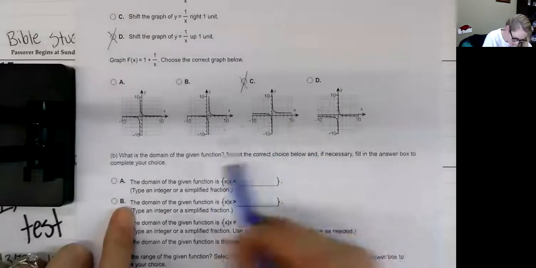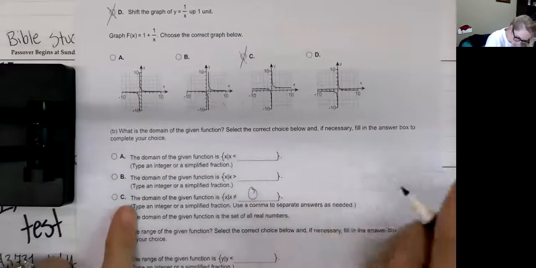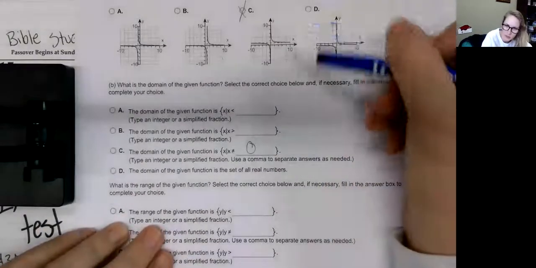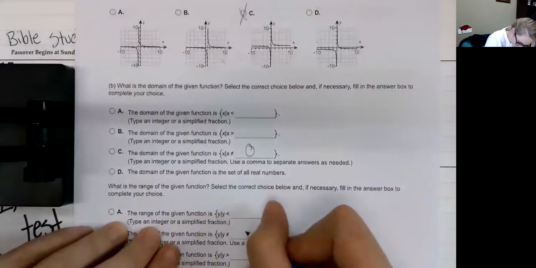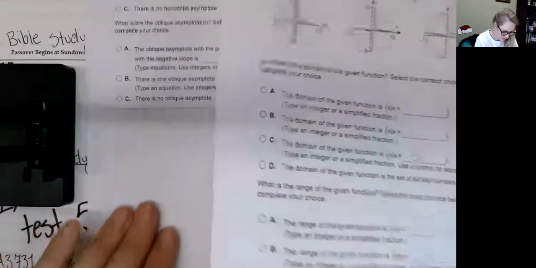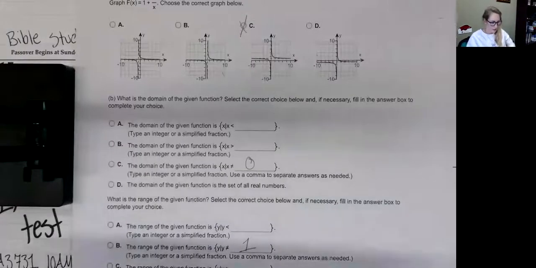There's x's here and there, so x cannot equal 0. Range, so now we're looking at our y values. So right here, y cannot equal 1. And then, should I keep both of these shown? Y'all need to see that still.